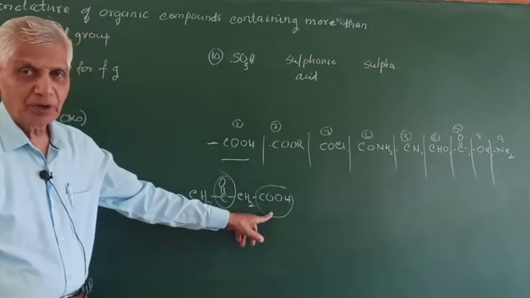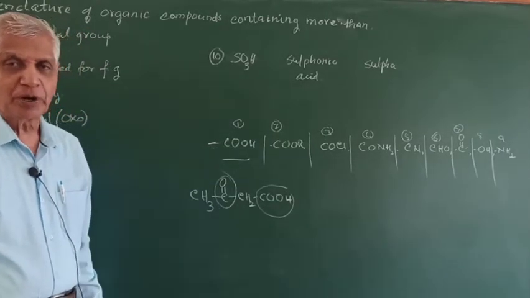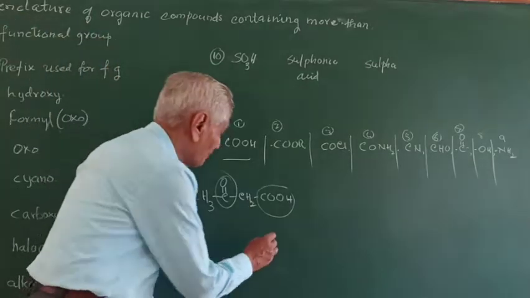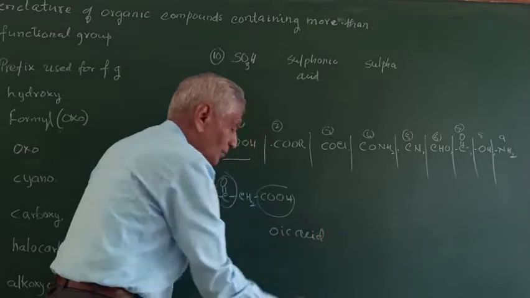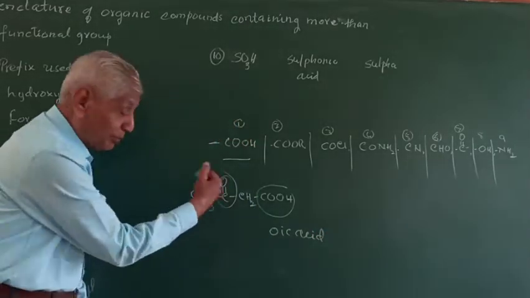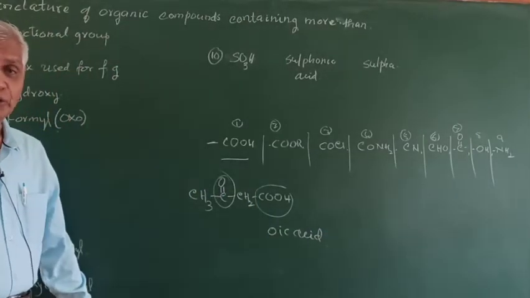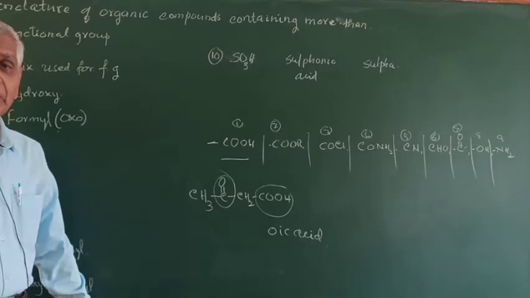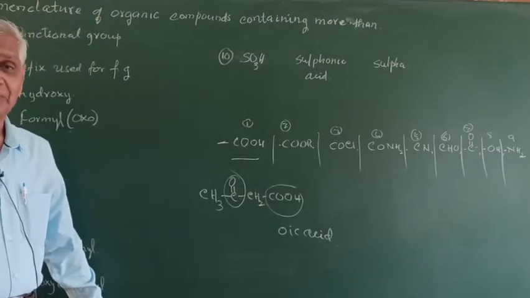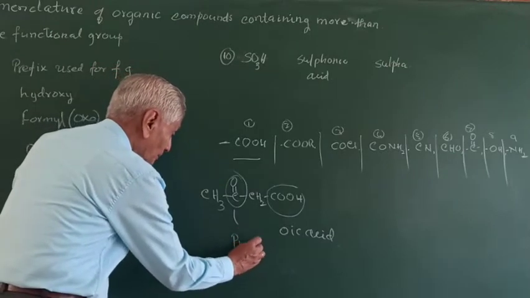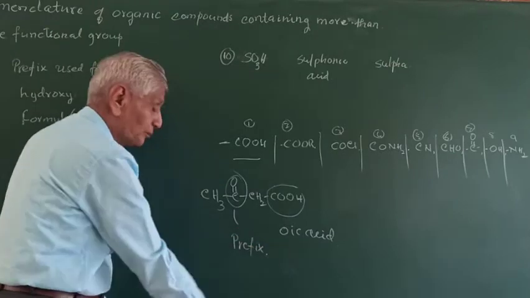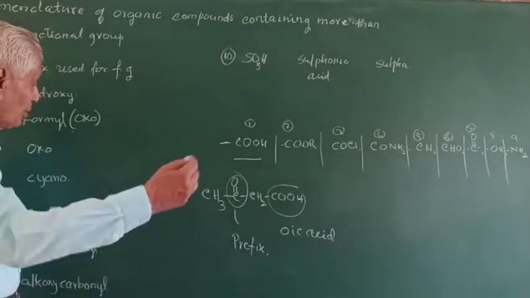CHO. What is the suffix used for CHO? Oic acid. And how about this other functional group? This functional group, you have to name as a prefix. So this is the prefix. Suppose you have this compound.